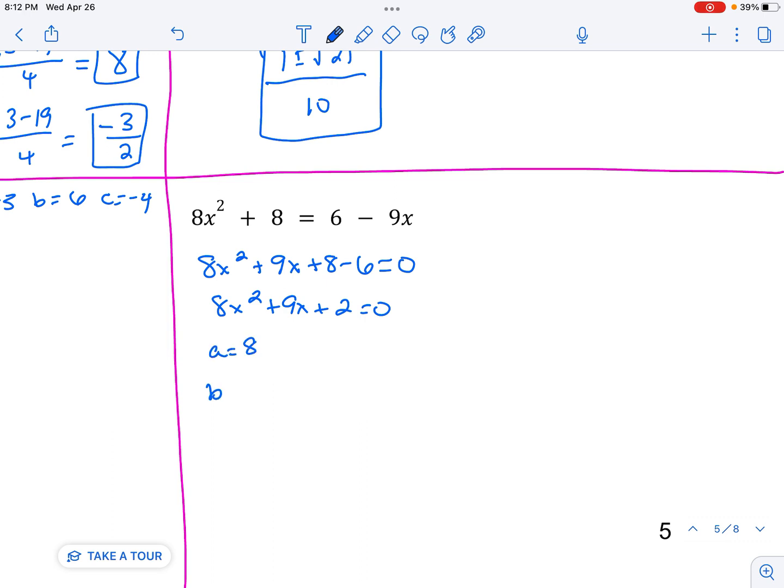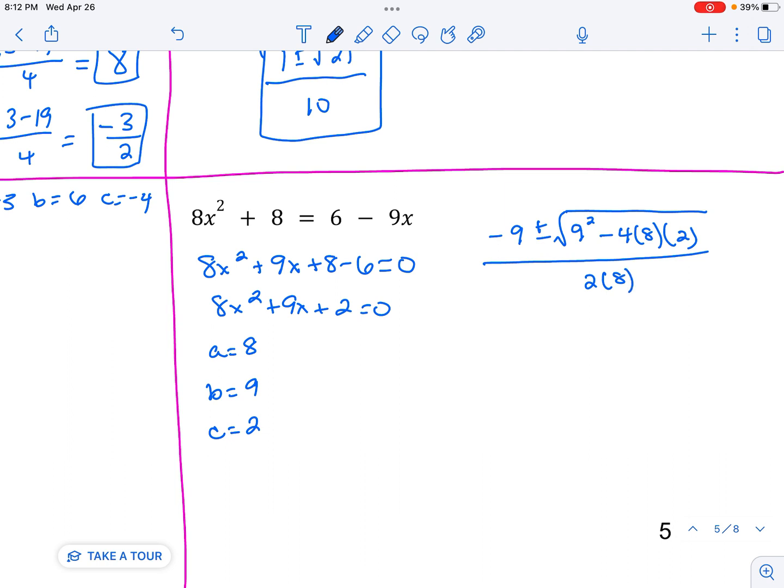A equals 8, B equals 9, C equals 2. Negative 9 plus or minus the square root of 9 squared minus 4 times 8 times 2, all over 2 times 8.